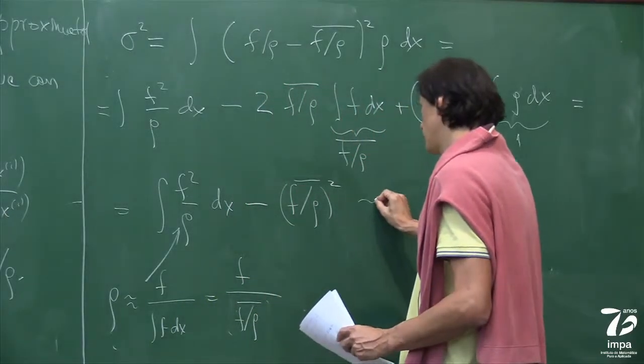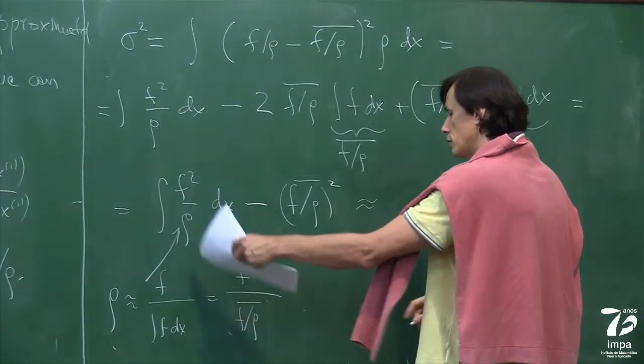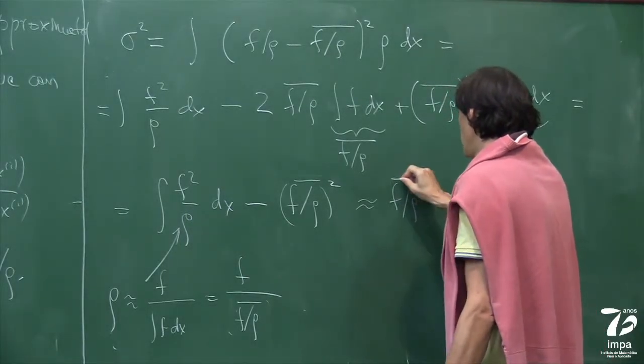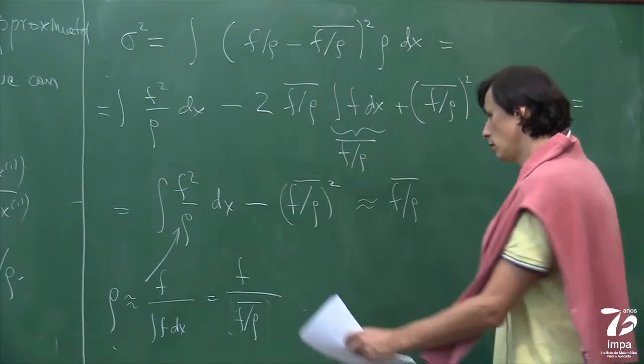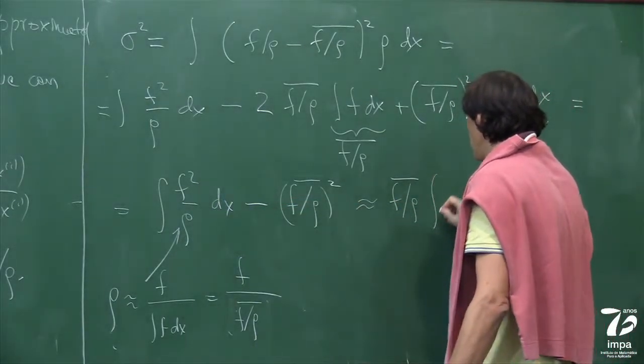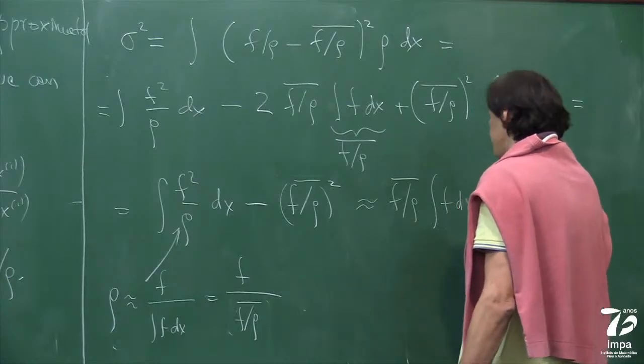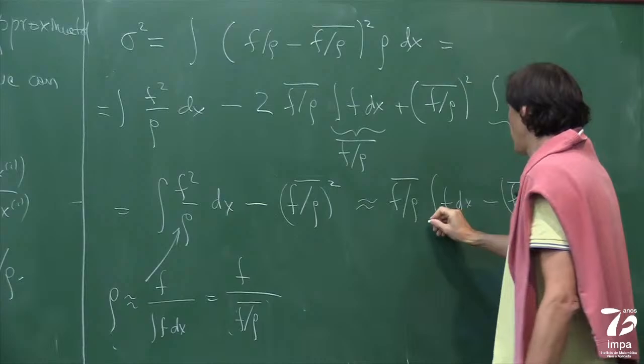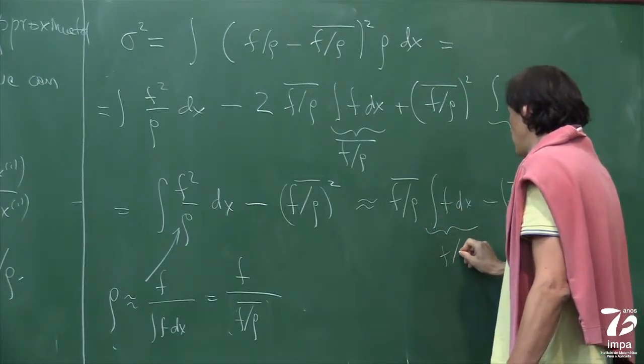So this has become approximately, so we put it here, so it flips. The coefficient comes out. One of the f's will be cancelled. And again, this is the f over rho mean.